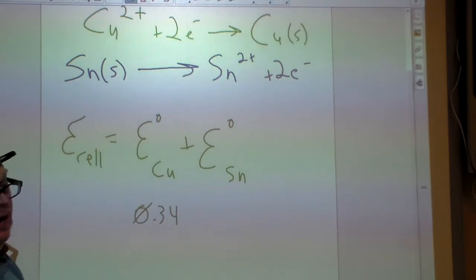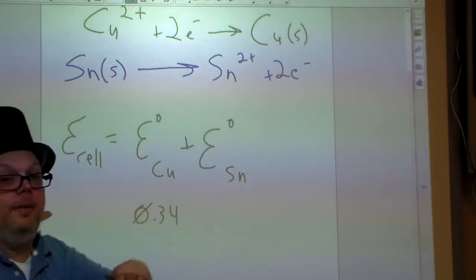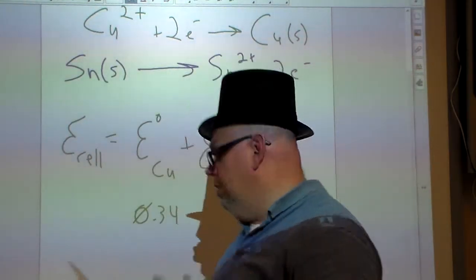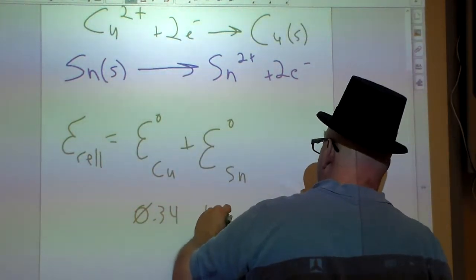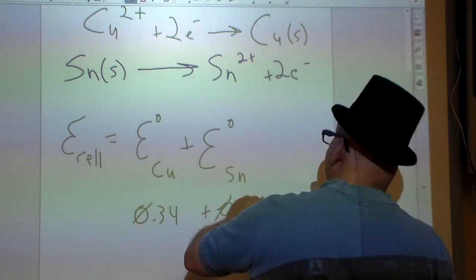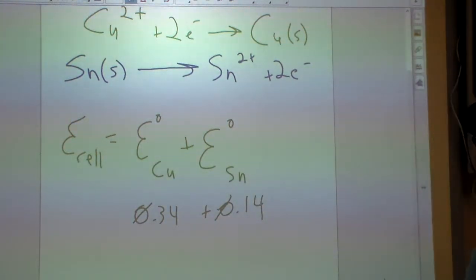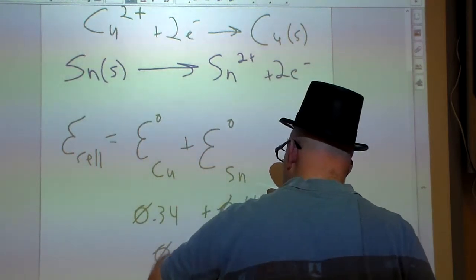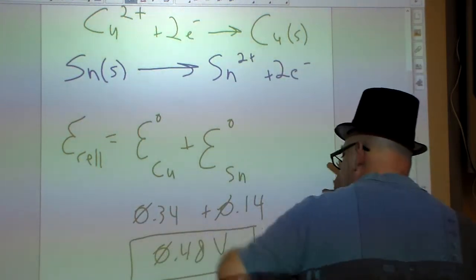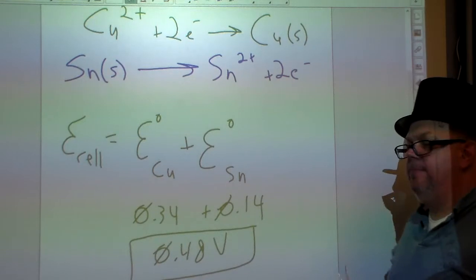But that's not the case here because our solid is breaking up into an ion. So guess what? That's going to make it a positive 0.14 as a result. So we add them together, we're going to have 0.48 volts. And that's what's going to happen.